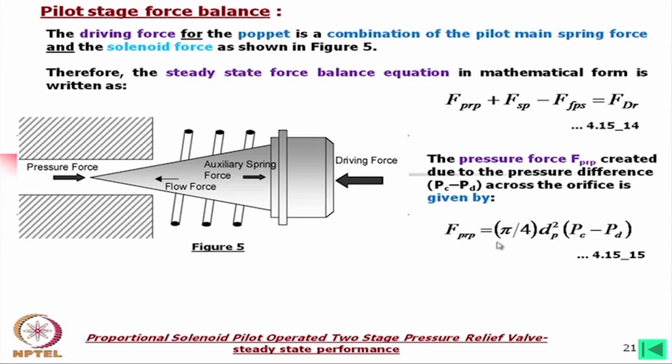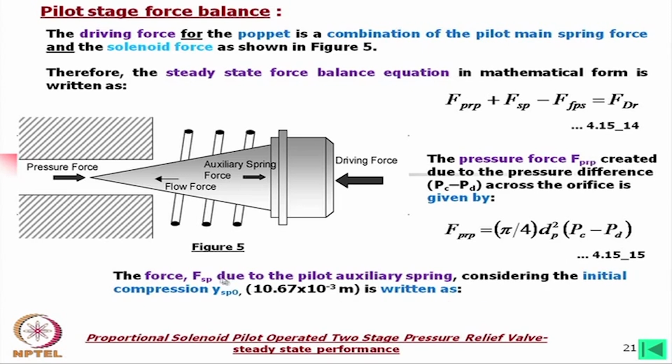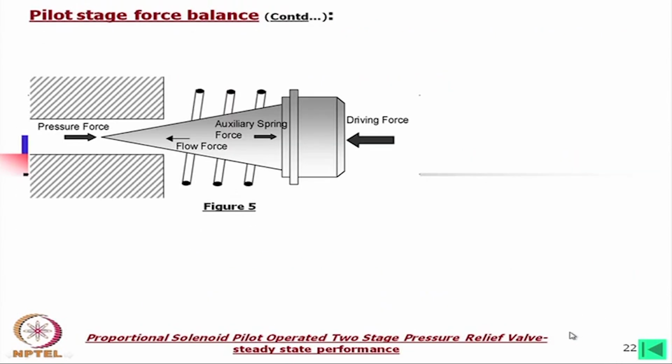This force is directly given by this formula, and then the spring force was experimentally measured. Considering the initial compression is this much, this formula can be written like this. This is the displacement at the zero position and this is the actual displacement, and from there we can find out what the spring force will be.